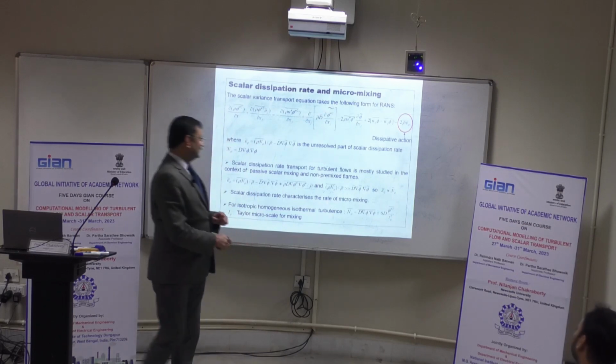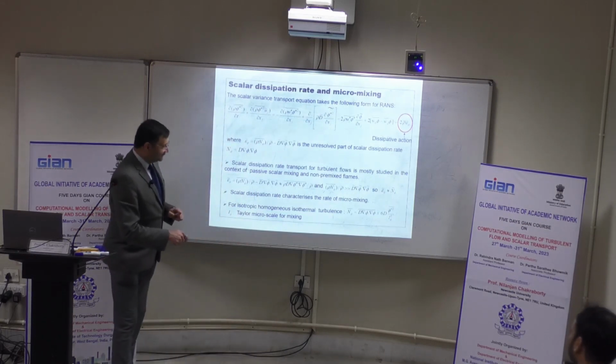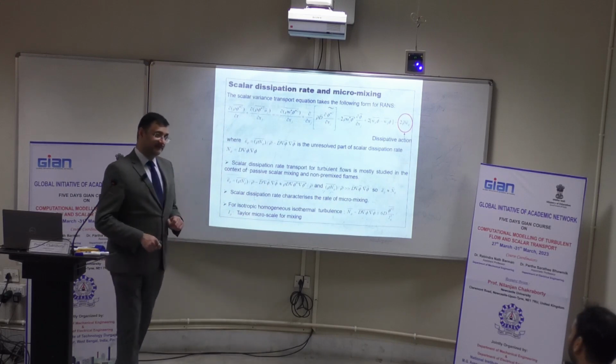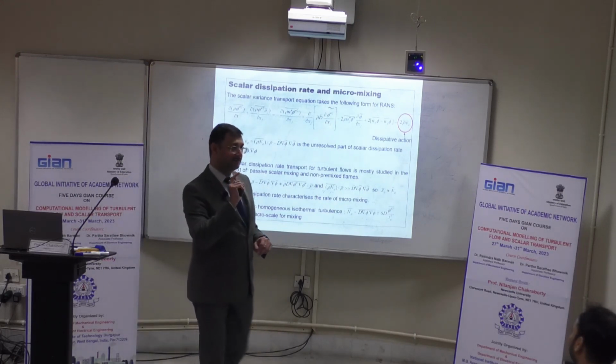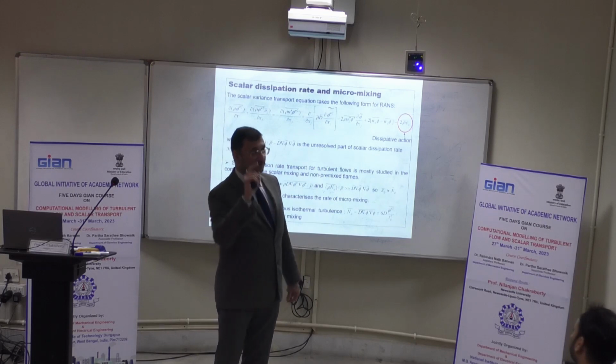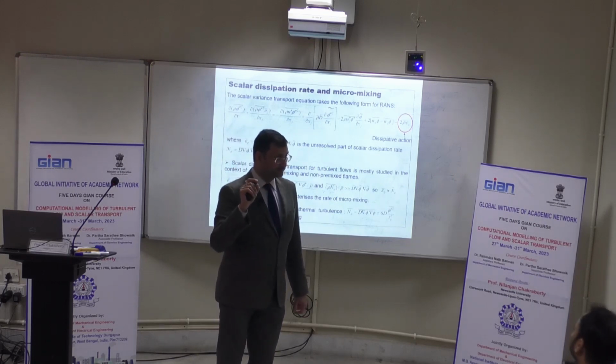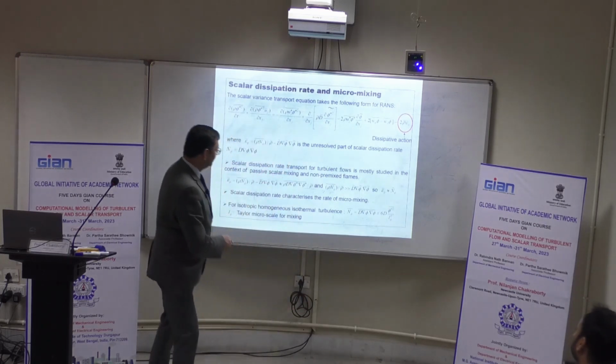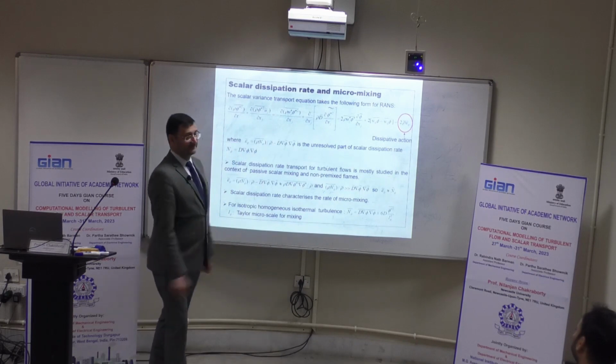It's well established in the literature, but I think just to mention that scalar dissipation rate, as we have already talked about, has a unit of 1 upon time. It gives you the rate of micromixing.